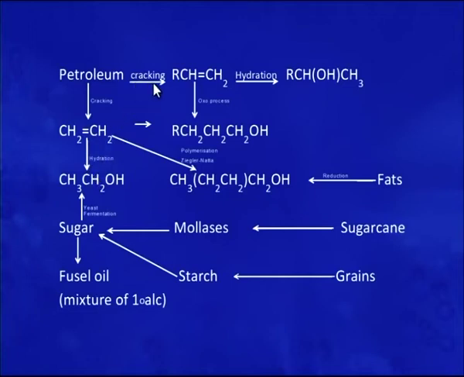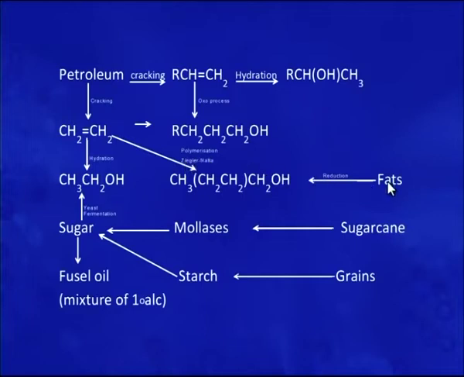Petroleum upon cracking gives higher alkenes, and from that we get higher alcohols. This is the oxo process for the preparation of alcohol starting from alkenes. Alkenes can be polymerized by Ziegler-Natta catalyst, followed by the oxidation forms higher alcohols.